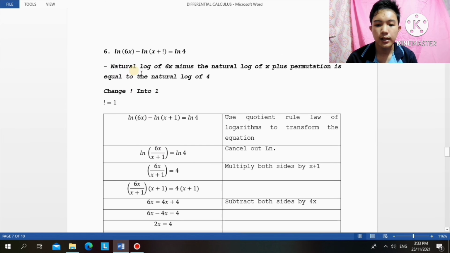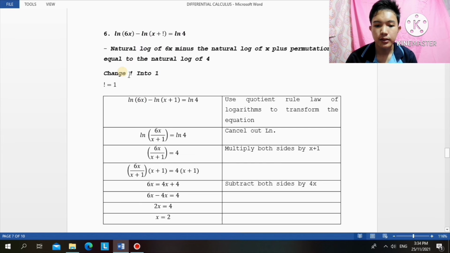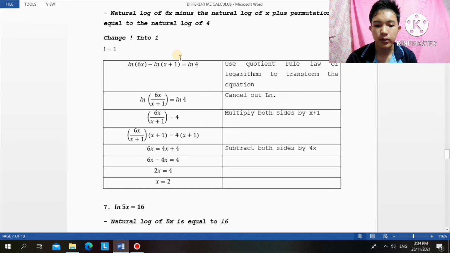Number 6, natural log of 6x minus the natural log of x plus 1 is equal to natural log of 4. Change the notation into 1, so it is equal to 1.